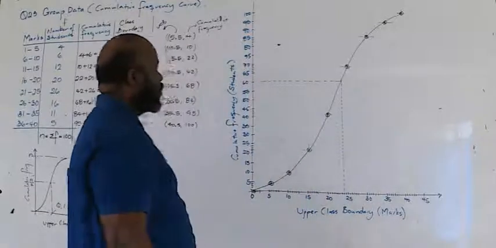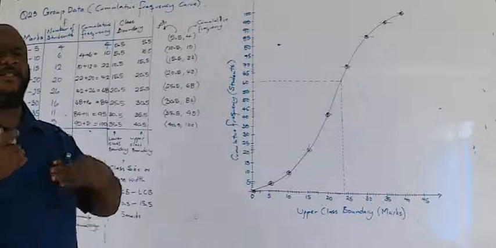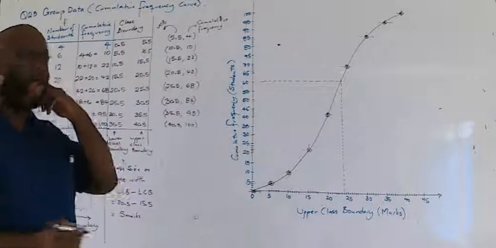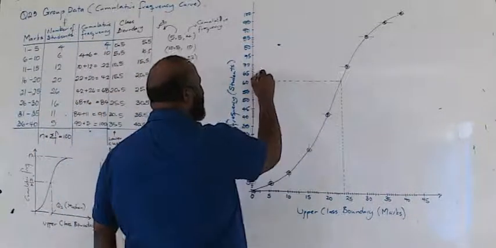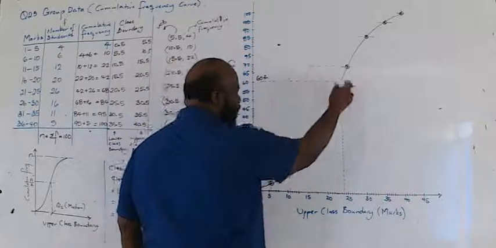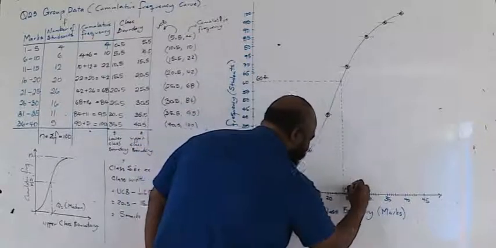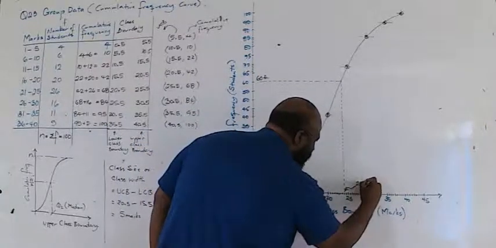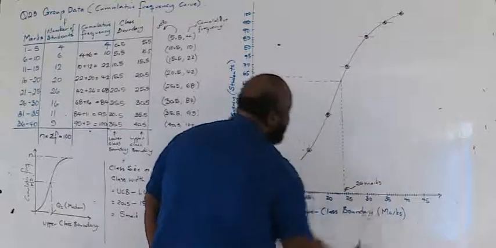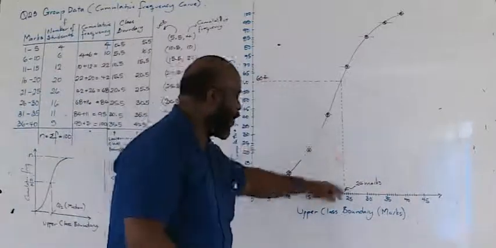Alright, so based on my graph, which is probably going to give a different answer than your graph, this is saying that the 60th student's mark on the test was 24 marks.